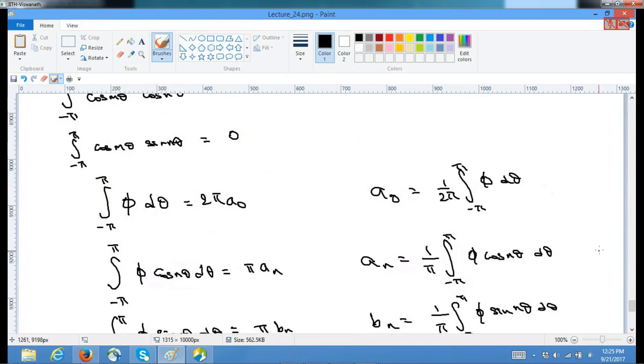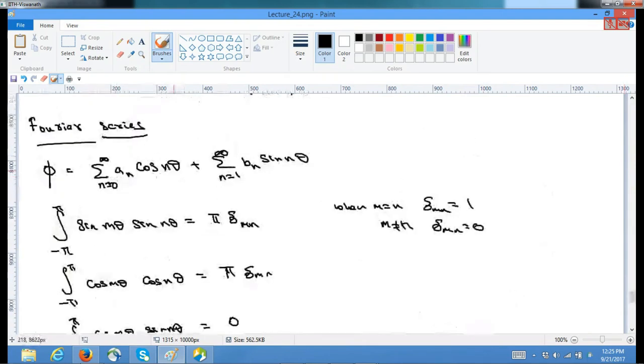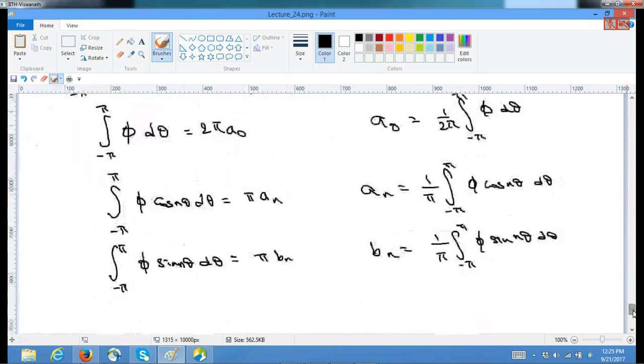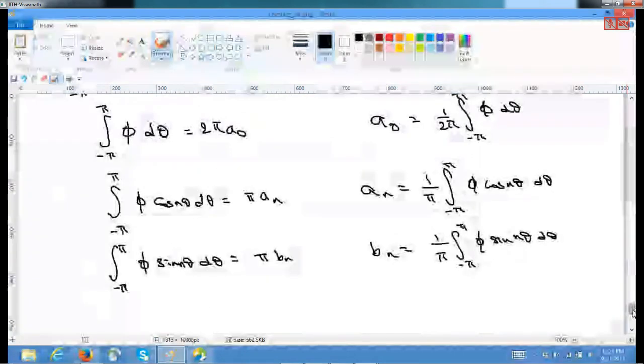So this is how we can get the projections onto all the basis vectors. That means any given function can be represented as a series in terms of cos n theta and sin n theta, and those projections are obtained through these computations.